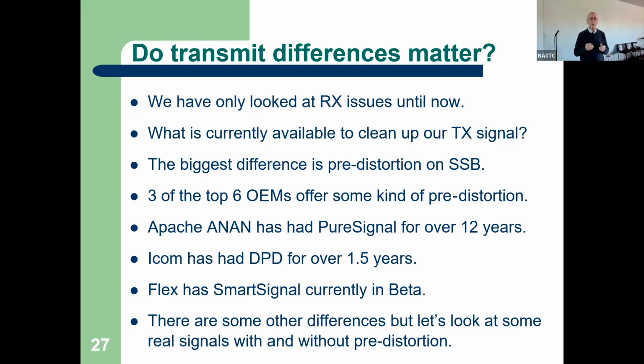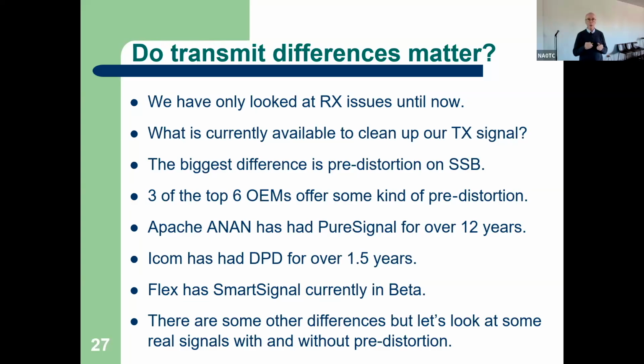So I'm going to talk about the improvement in sideband splatter available by something called pre-distortion, or maybe it has a specific term by brand. Like you've got pure signal from Apache, smart signal from Flex, and then ICOM calls it DPD, digital predistortion, that's a generic term. So of the 6 major OEMs, 3 have some type of predistortion, linearization, splatter reduction.